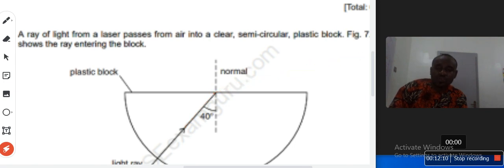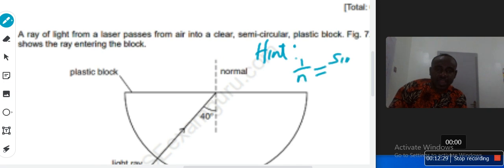All we need is to do 1 over n is equal to sine i over sine r, because it's moving from more dense glass or plastic to air. So the formula, as a hint, will be 1 over n is equal to sine i over sine r. 1 over n, that's 1 over refractive index, and the refractive index is 1.5.